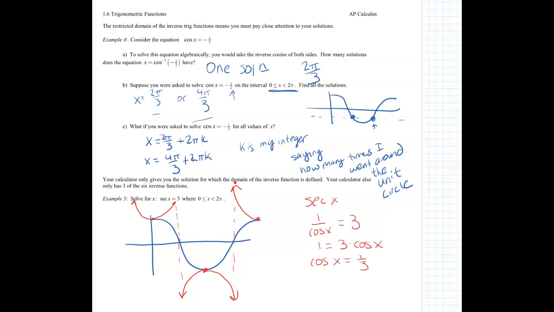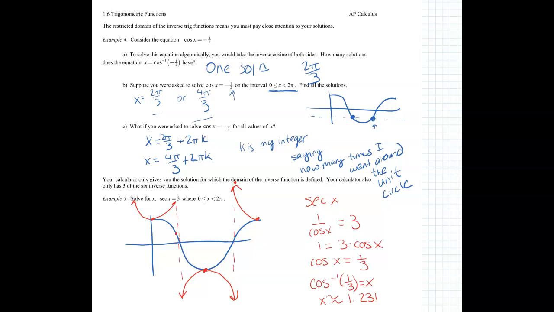So we can actually do this in our calculator. We can type in cosine inverse of 1/3 is equal to x. And when we type that in, we should get x is approximately 1.231 radians.